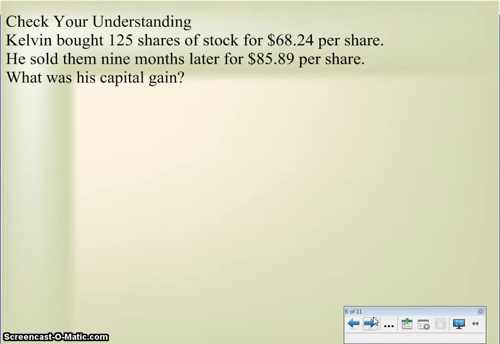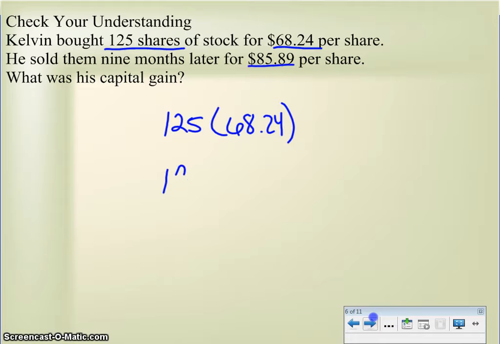Okay, go ahead and press pause, solve this, come back when you're ready. Okay, it says Kelvin bought 125 shares of stock for $68.24. So we're going to take the 125 times $68.24. And then it says 9 months later, he sold them for $85.89. So we're going to take the $85.89 and multiply that by the 125.